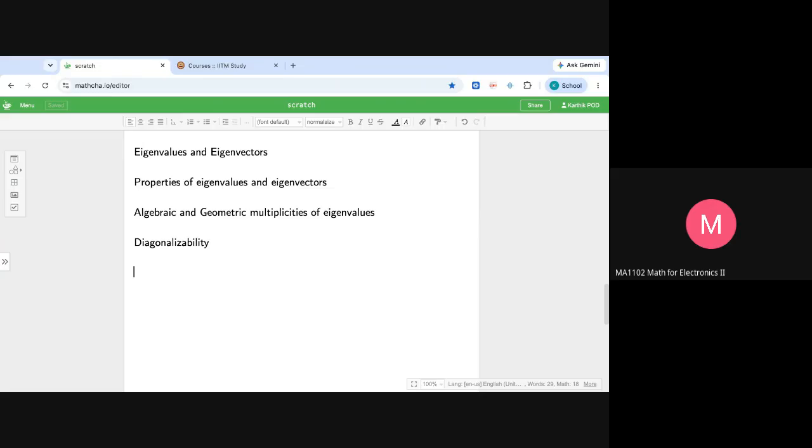Then we have determinants and matrices, which was week six: properties of determinant, matrix transpose and inverses. That is roughly the syllabus, if I'm not mistaken.